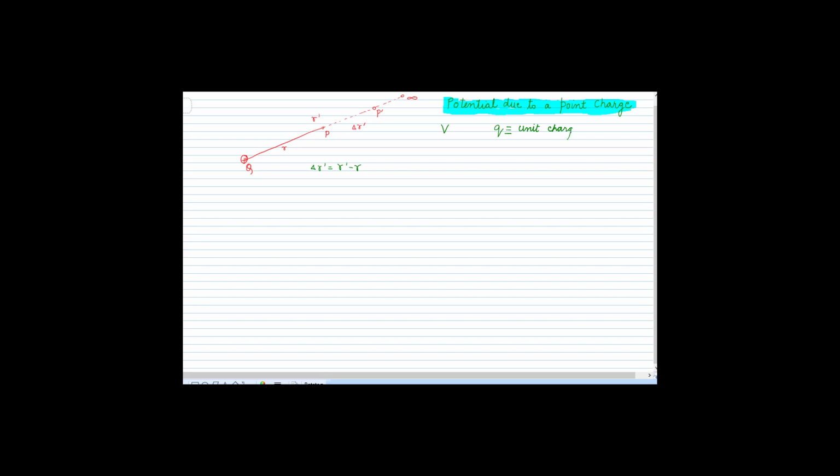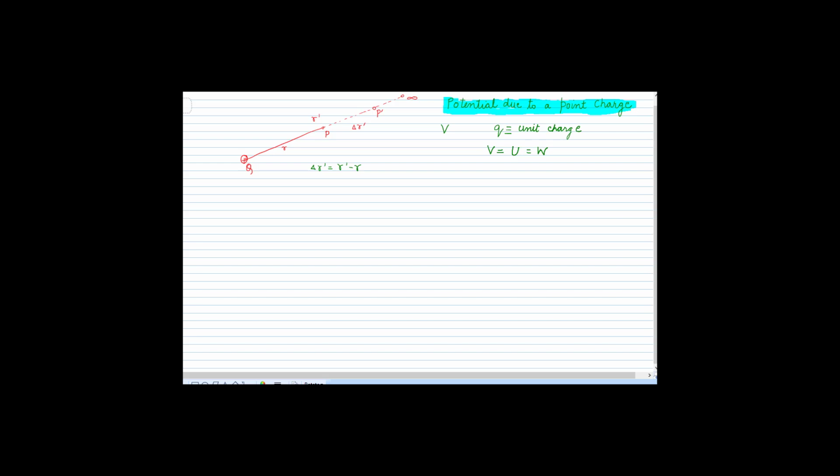So our electrostatic potential will be equal to the electrostatic potential energy, because q is 1. So V is equal to U, and U is in turn equal to the work done.